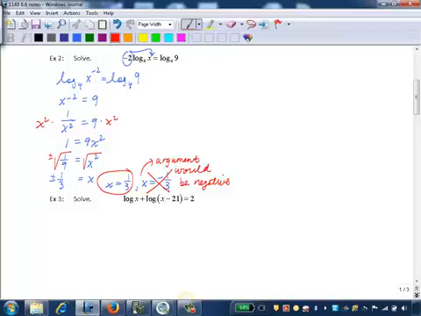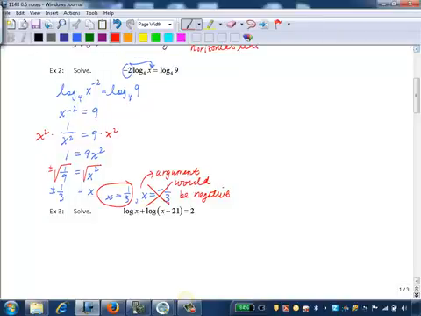Now we can check our solution on our calculator by graphing the left and the right side of the equation. So I will let y1 be our -2 log base 4 of x. But remember, our calculator can't evaluate base 4, so we'll have to write this in the equivalent form using the change of base formula.